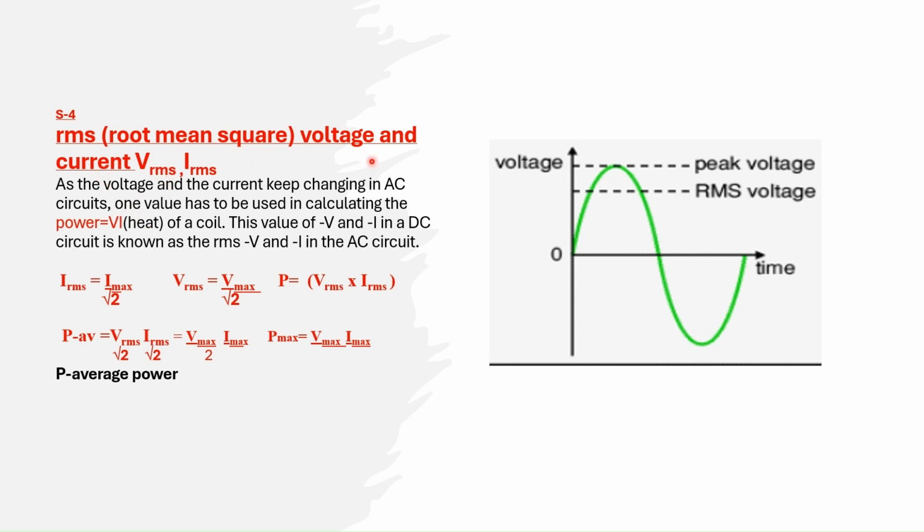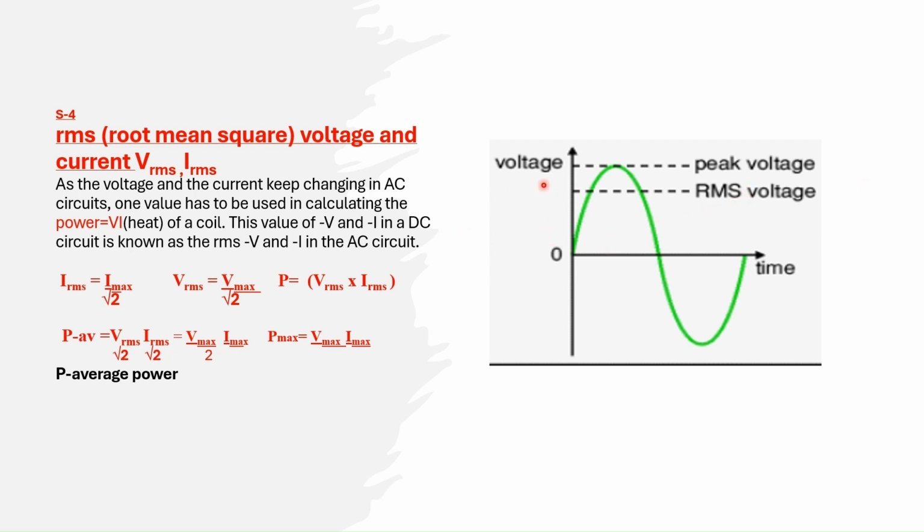Okay, because the reason is, in calculation, now you look at this graph, voltage or the current, it's a sine function. In calculation, what is the value that we are going to use? It is changing with time, and therefore we have to select one particular value in calculation. So that is how we define RMS voltage and RMS current.